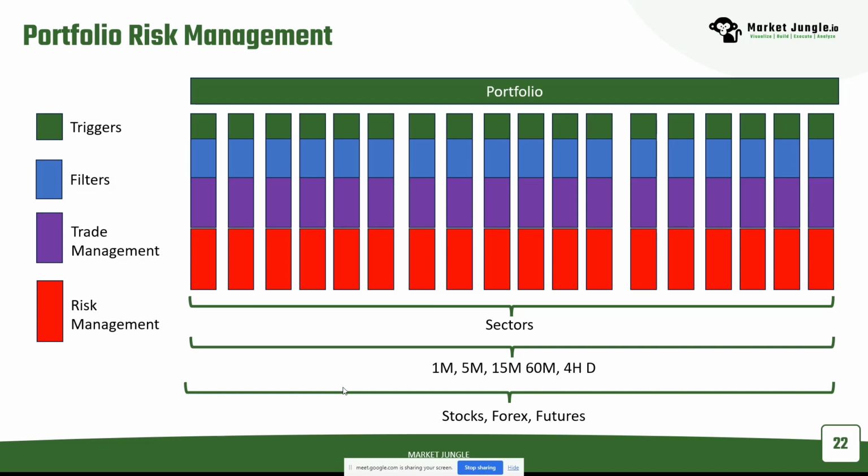So when we start to look at managing a portfolio of strategies, we're looking at how we have different asset types, different time frames across different sectors. This is a way to manage these individually, like we talked about up until this point, and then managing them horizontally to reduce our risk. And this is where leverage comes in, in my opinion, because it allows me to scale horizontally while maintaining the same amount of risk on individual strategies.